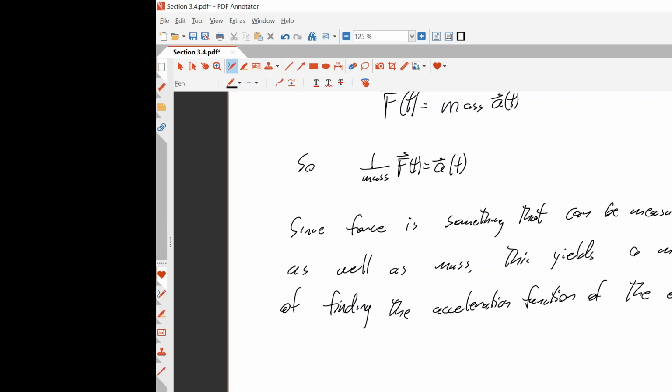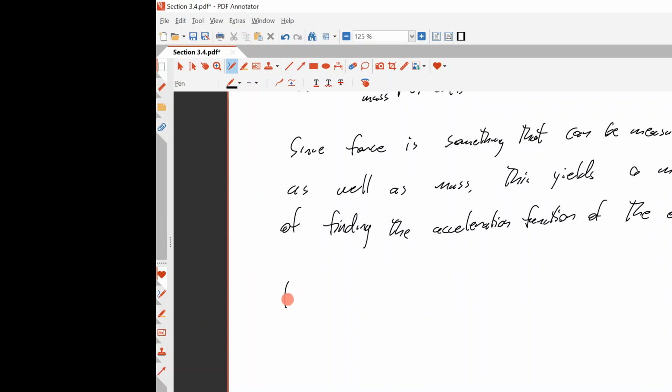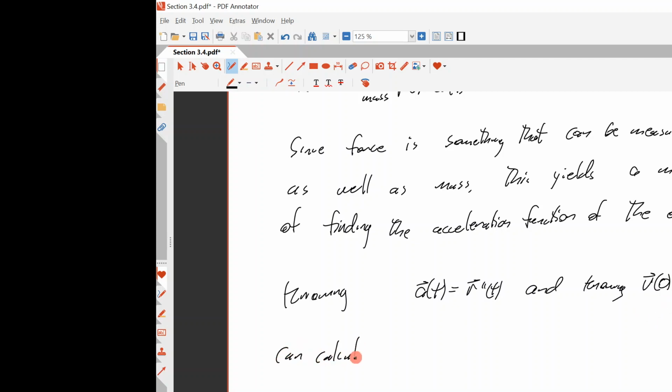And once you know the acceleration function, knowing a of t, which is r double prime of t, and knowing what your initial velocity is, v0, we can calculate using antiderivatives v of t, which is r prime of t.